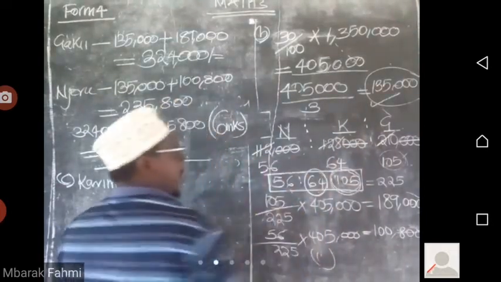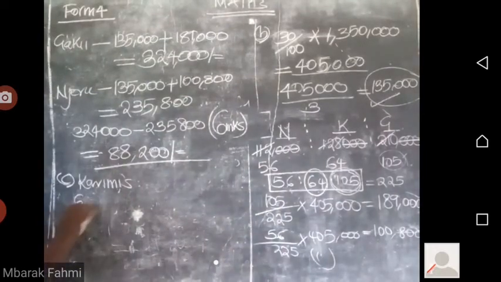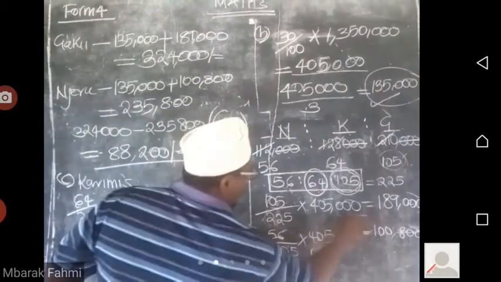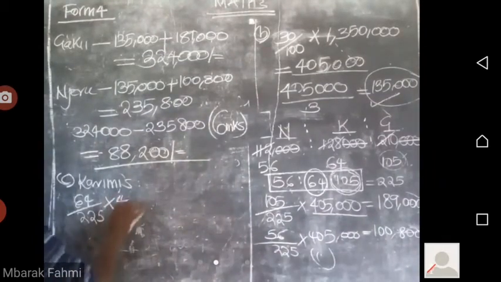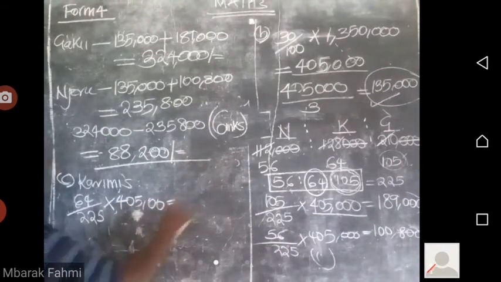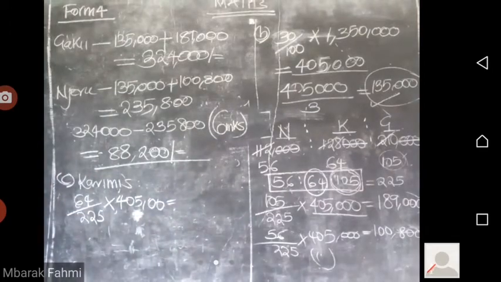The ratio for Karim will be 64 over the total ratio, which is 225, times the total, which was 405,000. So 64 over 225 times 405,000.